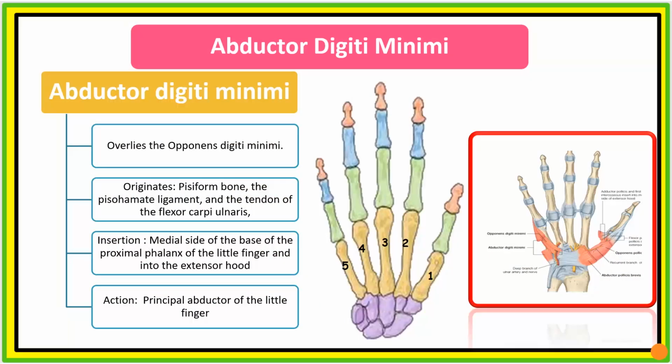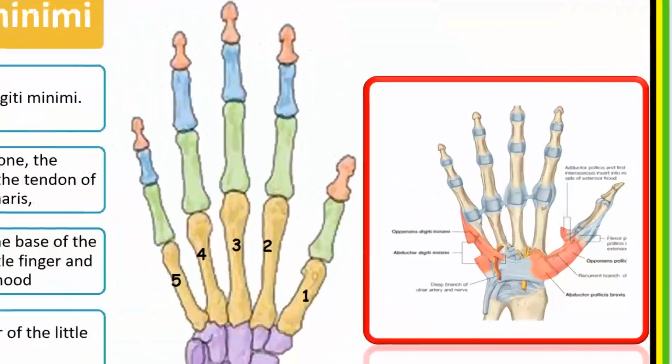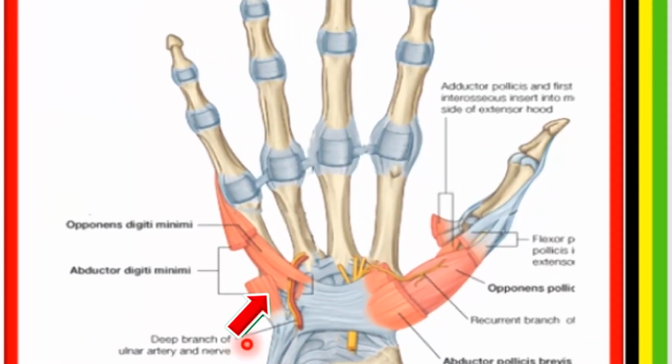We'll start with Abductor digiti minimi. Here is Abductor digiti minimi. We will see it covering the Opponens digiti minimi, just as we noted in Opponens pollicis, where the Abductor pollicis brevis also covered the Opponens pollicis. Here we are seeing the Abductor digiti minimi also covering the Opponens digiti minimi, which is seen inside.